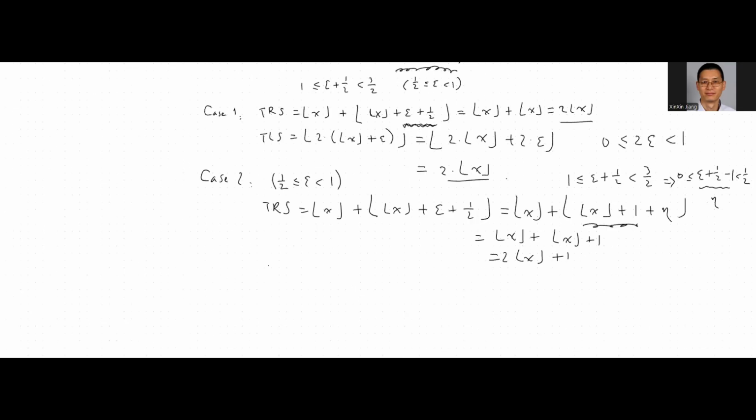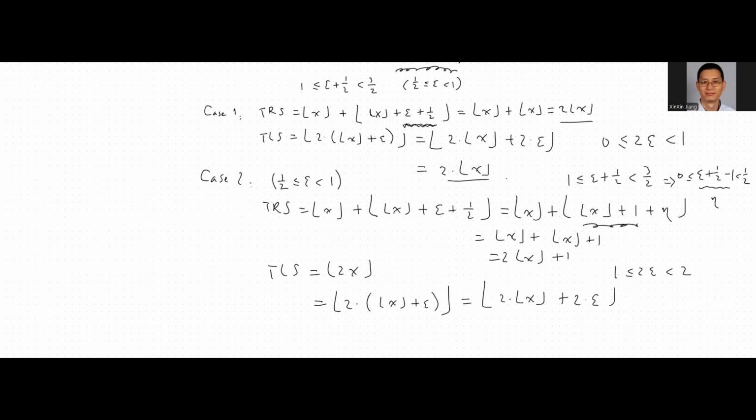And the left side is the floor of 2 times x, where again x equals the floor of x plus epsilon, where epsilon is greater than or equal to half, less than 1. That equals the floor of 2 times the floor of x plus 2 times epsilon. But now 2 times epsilon is greater than or equal to 1, less than 2, because epsilon is greater than or equal to half, less than 1. So I'm going to subtract 1.